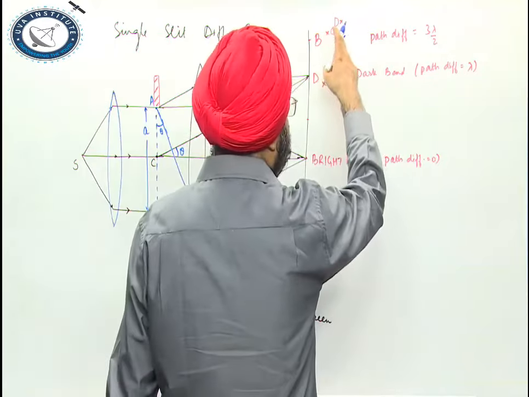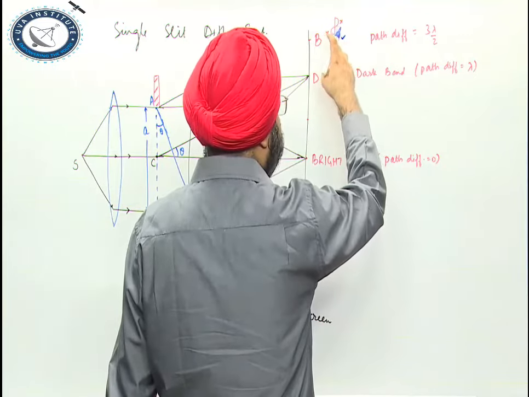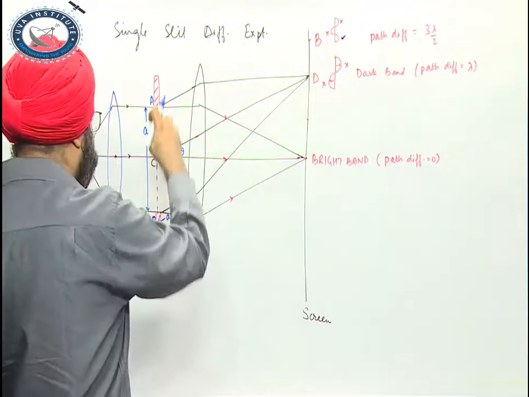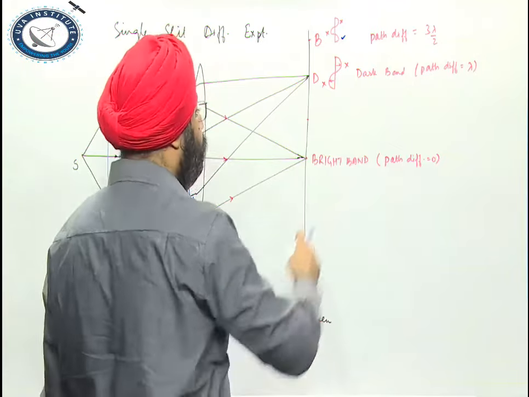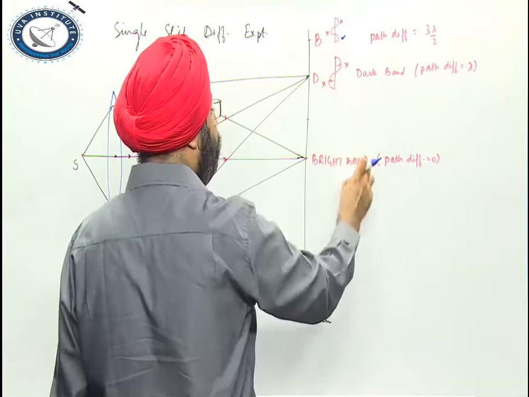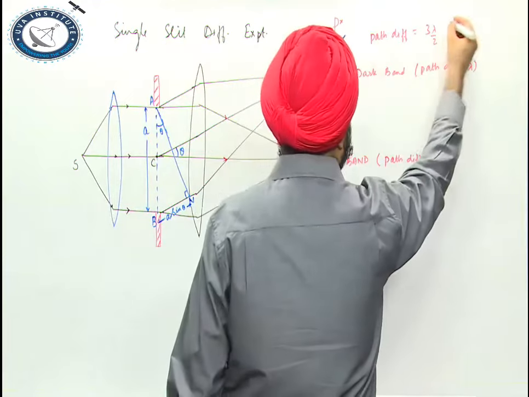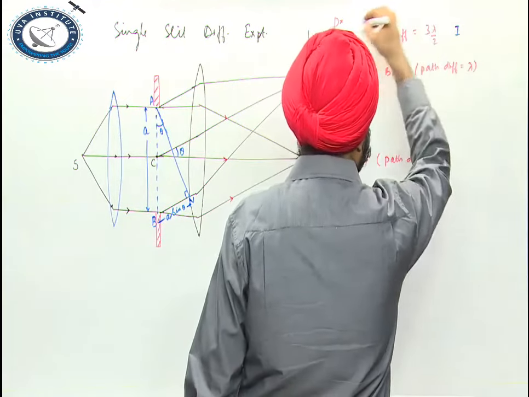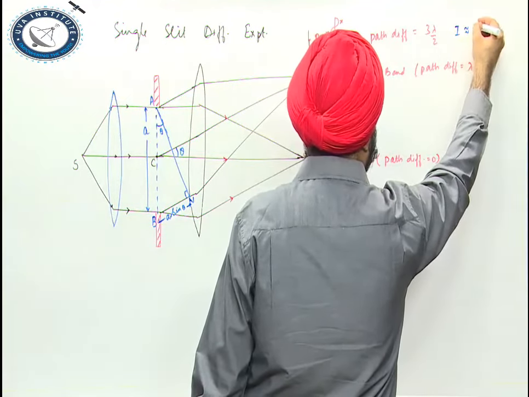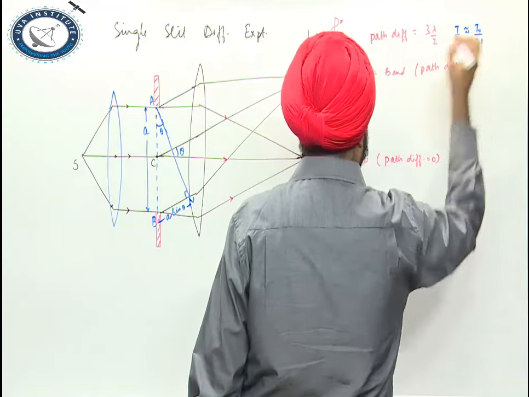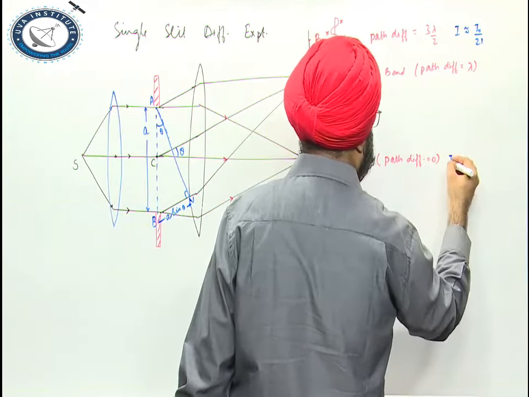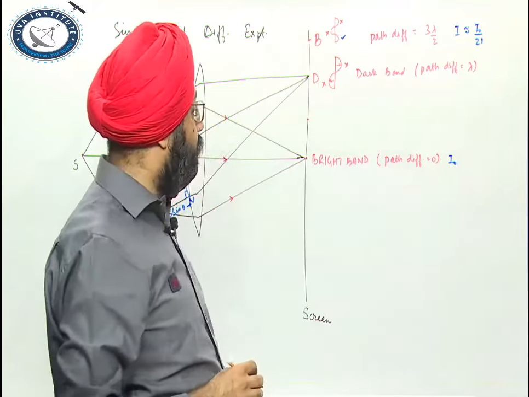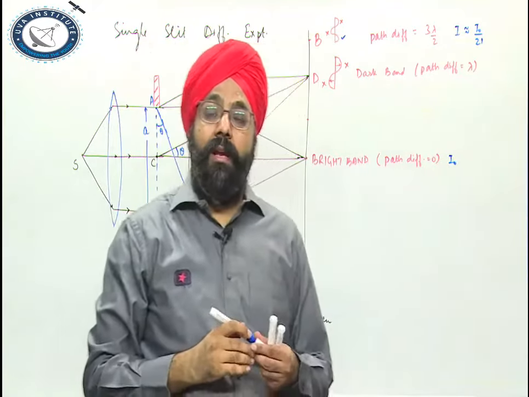This intensity, obviously, is due to only 1/3 of the portion of light which is coming from AB. So obviously this intensity will be very less in comparison to this, approximately I0 upon 21. Intensity here is I0, where I0 is the intensity at this point.